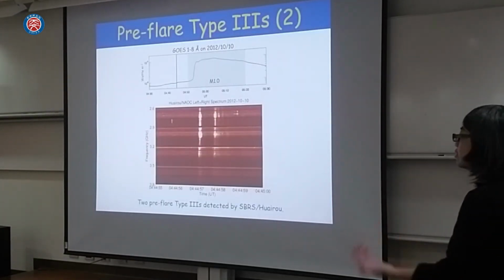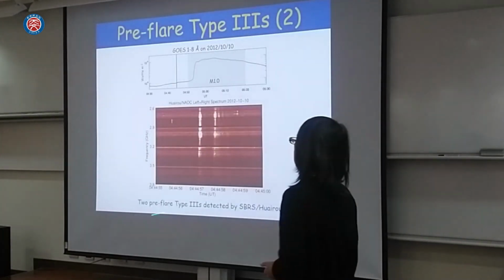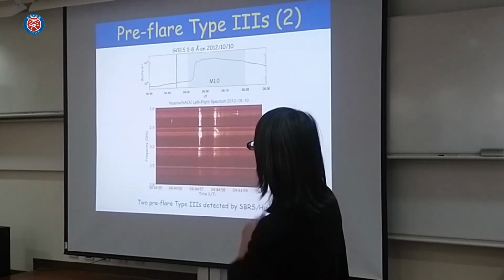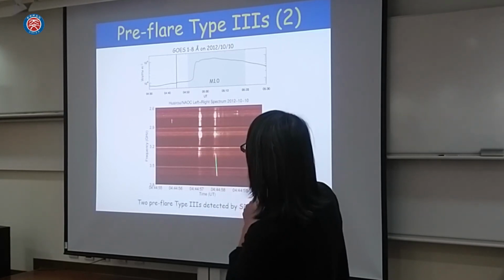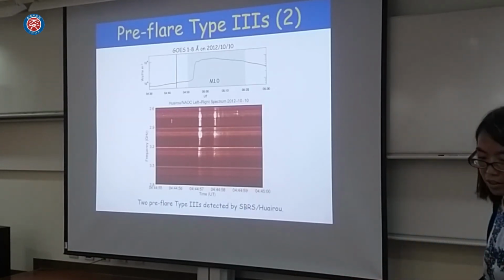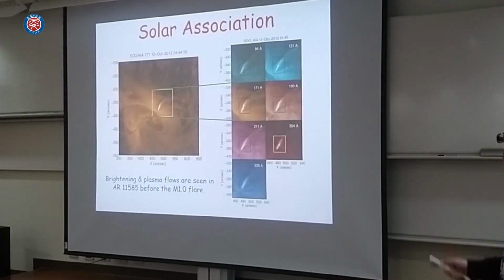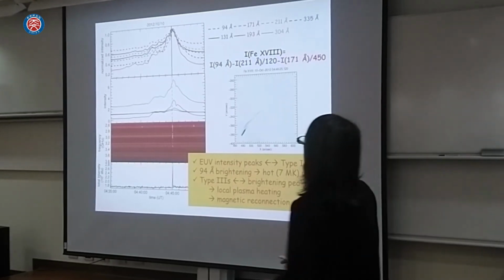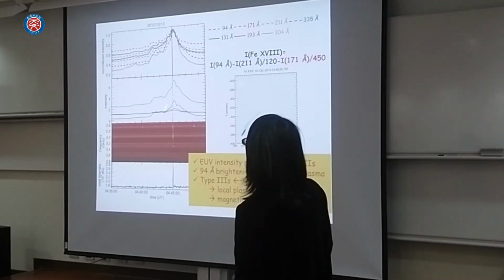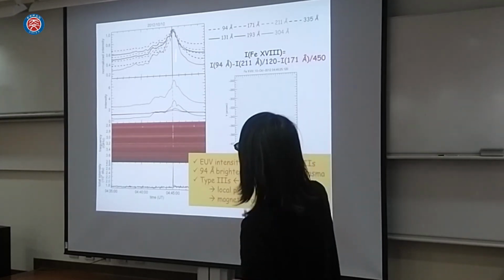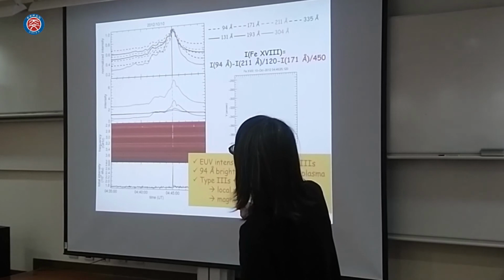And I will show the other case. Here is another M-class case, and in this case there are only two preferred tapestry detected. We also look for the solar association for this kind of tapestry, and we do find the temporal correspondence between the tapestry and the brightening.